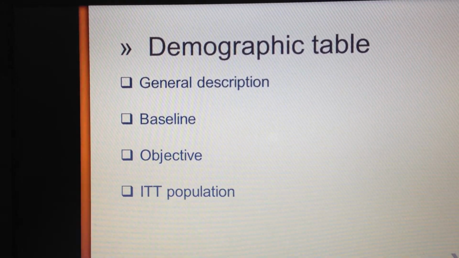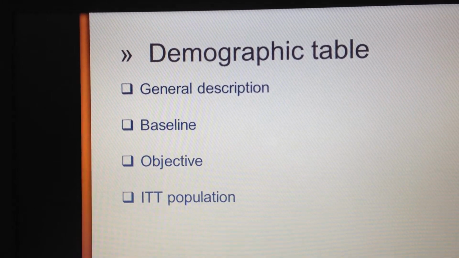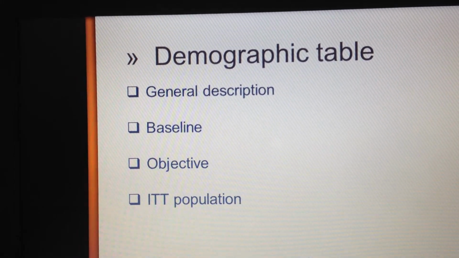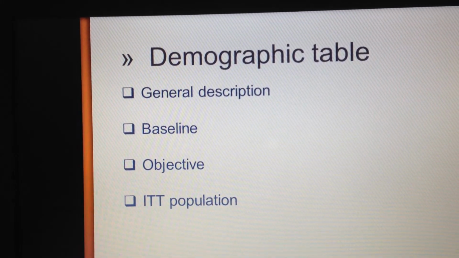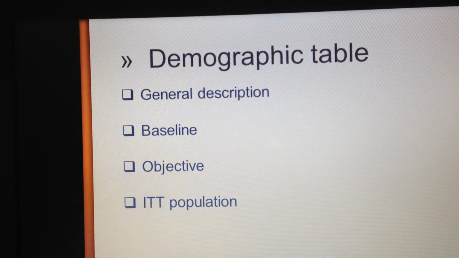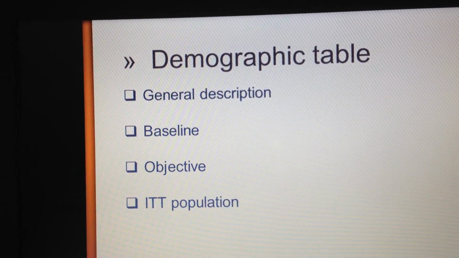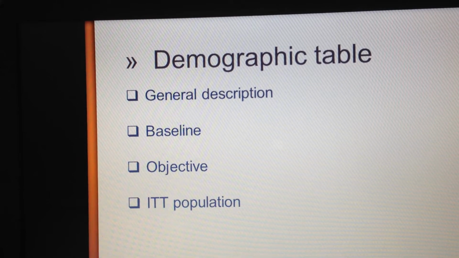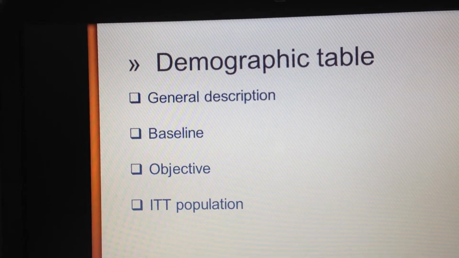Demographic data generally refers to the baseline characteristics of all patients in ITT population. Baseline is defined as the latest observation before or on the first dosing date.